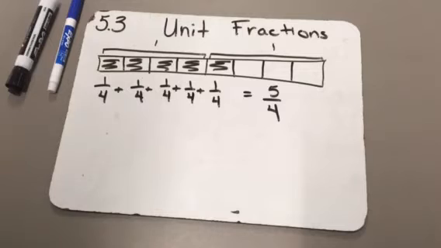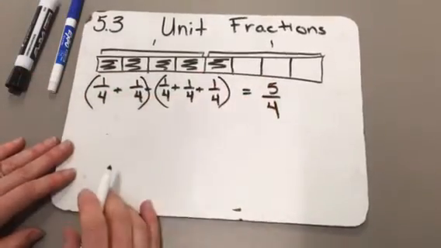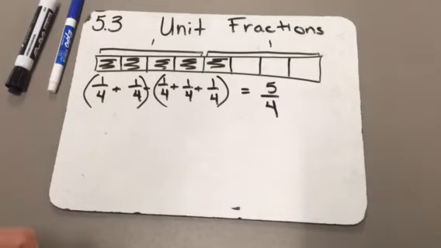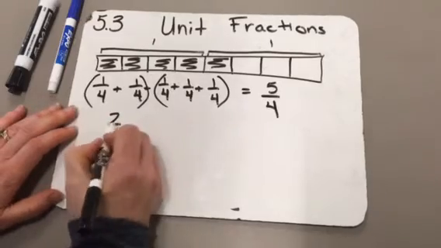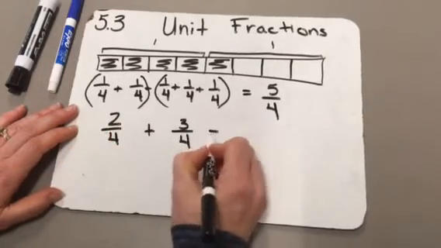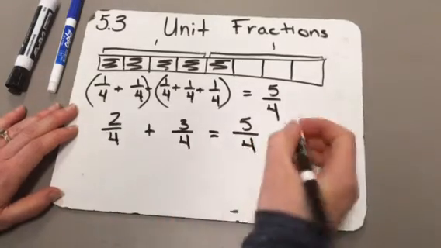Now you could, of course, break it up a different way by bracketing. What would that equal? Go ahead and pause while you write that out. Hopefully you said this was worth 2/4 and this was worth 3/4. They still equal 5/4. 2 plus 3 is 5.